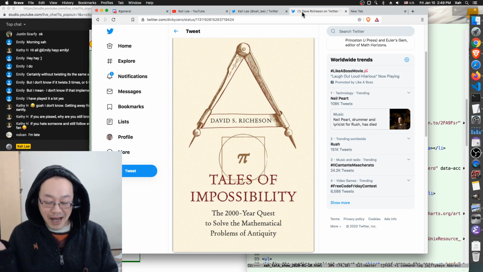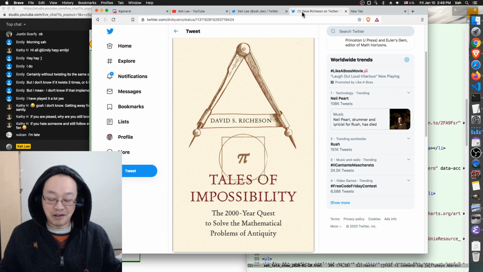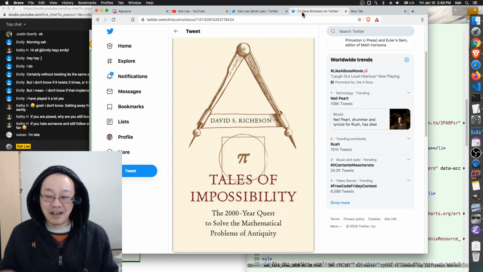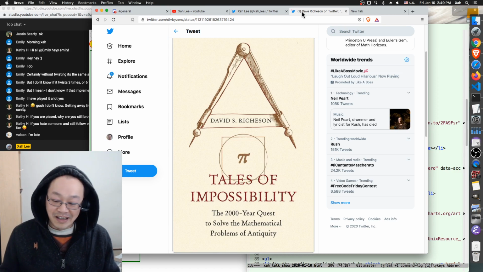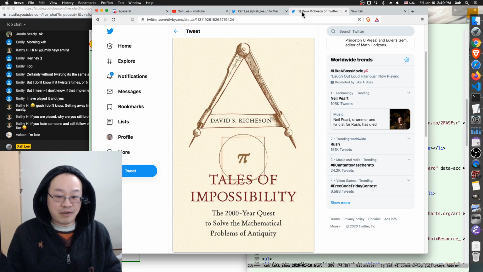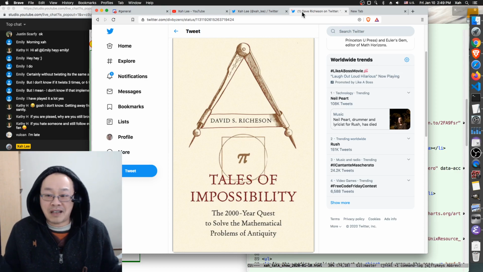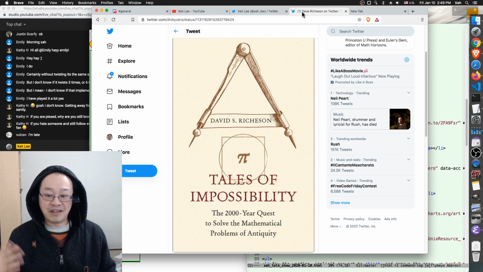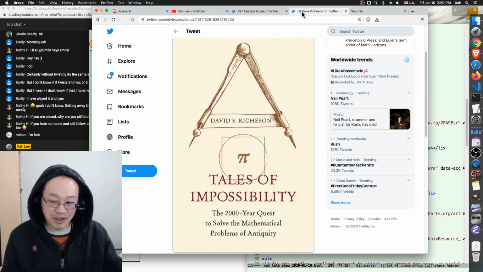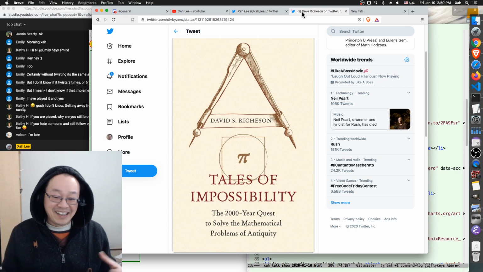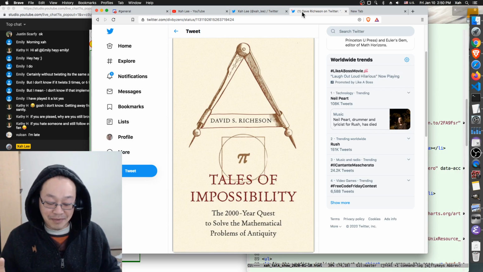But if you are a real mathematician or professor, it's already proven impossible like 300 years ago. But that doesn't stop these crackpots, for reasons hard to explain. Just like religion, you can't stop people from believing a religion. You can't stop them. It doesn't matter how logically you try to explain, it doesn't stop them.